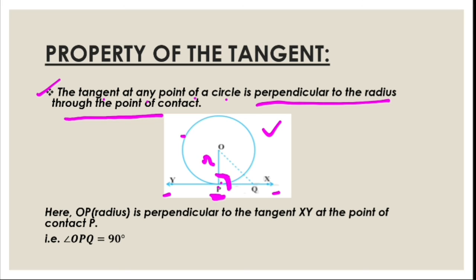Okay, so the tangent at any point of a circle is perpendicular to the radius through the point of contact. Here OP is perpendicular to the tangent XY at the point of contact P, so you can say that angle OPQ or OPX is equal to 90 degrees.